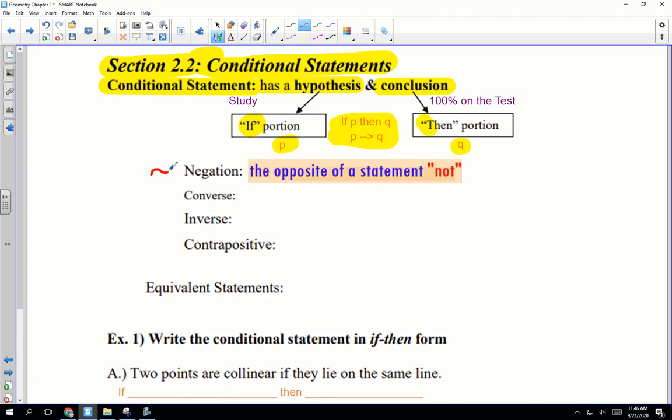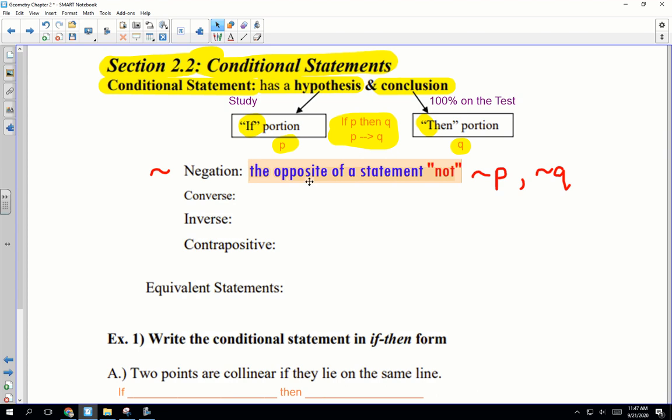So if I want to shorthand my hypothesis, so I'm going to say I'm not going to study, I do a little tilde and a P. That says not studying, or the opposite of your hypothesis. We can also say not Q. So we can say then that means not 100% on the test.